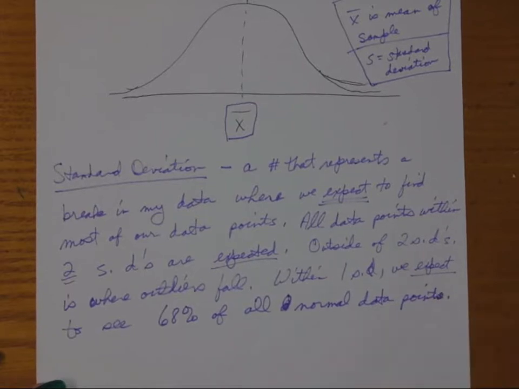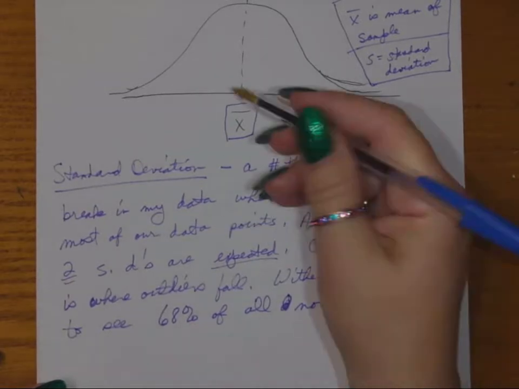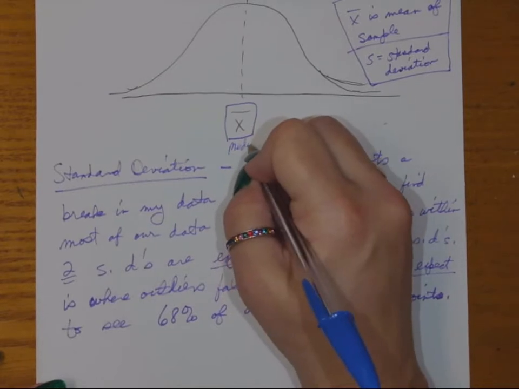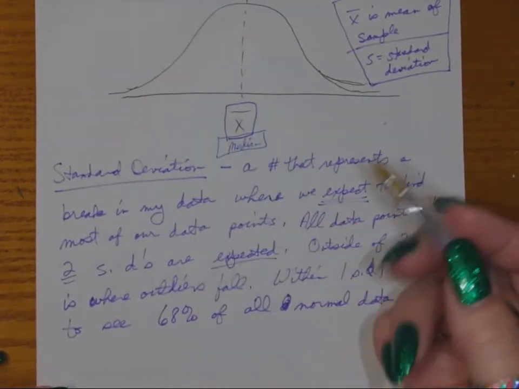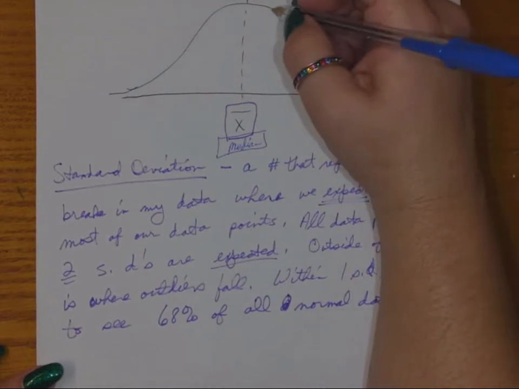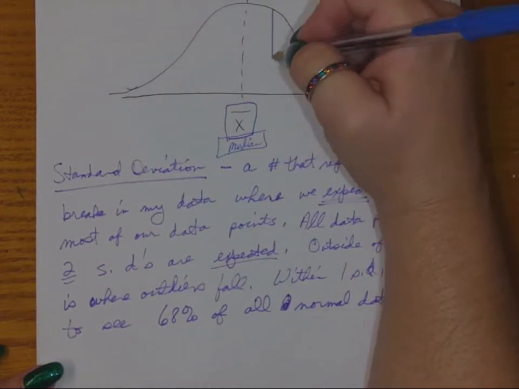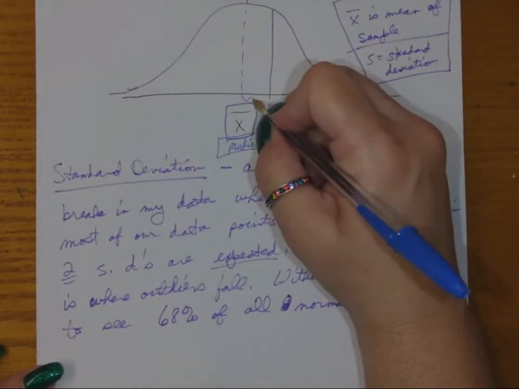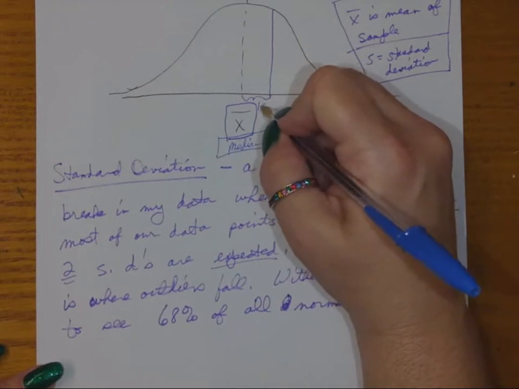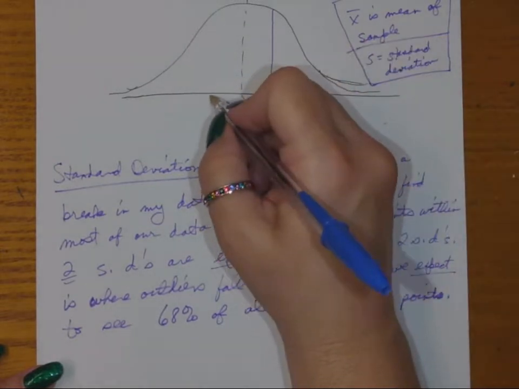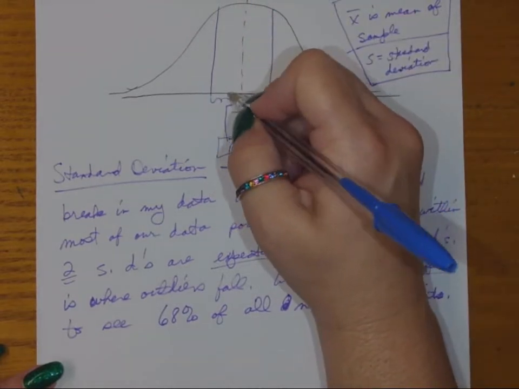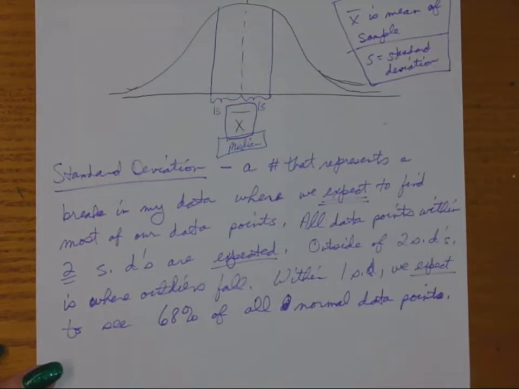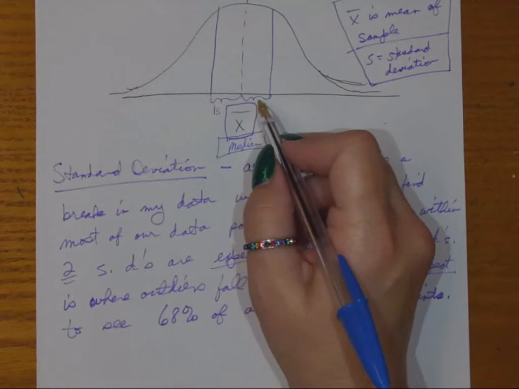Okay. And some books will talk about the median instead of the mean. Just remember, if we're talking about normal data, the median and the mean are going to be at the same spot, so it won't matter. So again, here's the idea. 1 standard deviation above it, however big that is, and 1 standard deviation below it. So they didn't say within 1 standard deviation above or whatever. They said within 1 standard deviation.